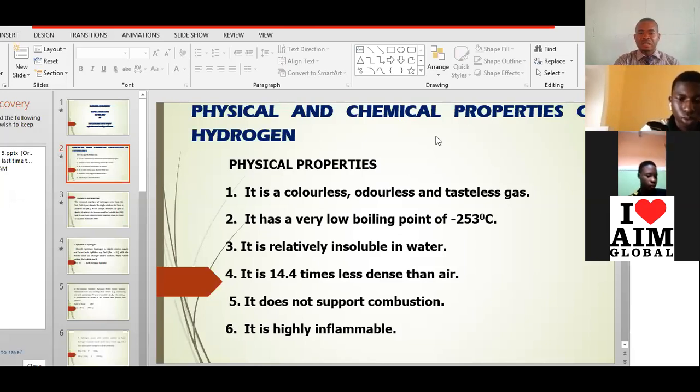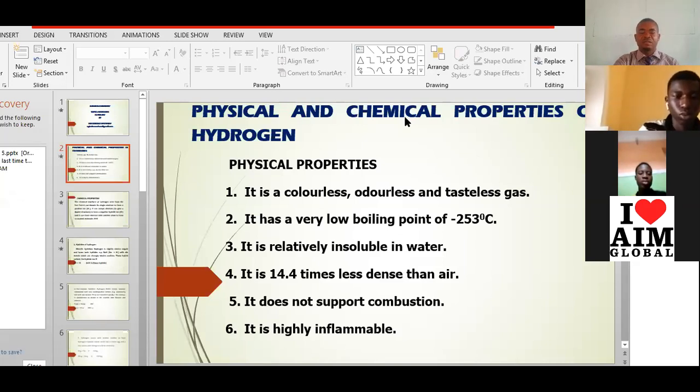We said that hydrogen can be prepared in the laboratory. Hydrogen can also be prepared industrially from coal, from water gas, and from natural gas.